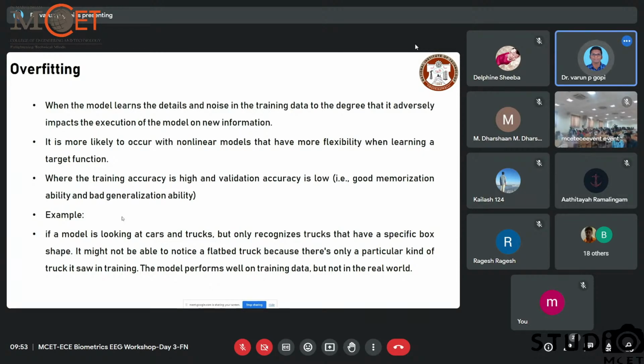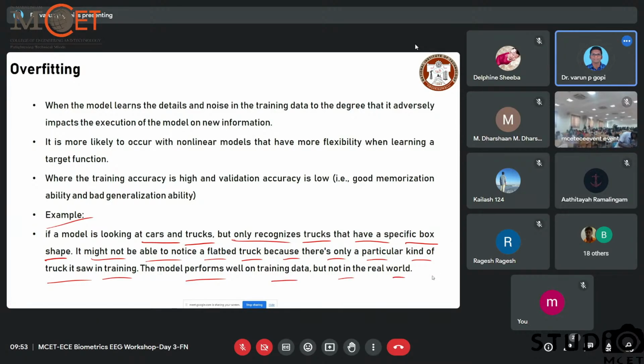I will tell you an example. Here a model is looking at cars and trucks, but only recognizes trucks that have a specific box shape. It might not be able to notice a flatbed truck because in training it was shown only a particular kind of truck. So the model performs well on training data, but not in the real world.